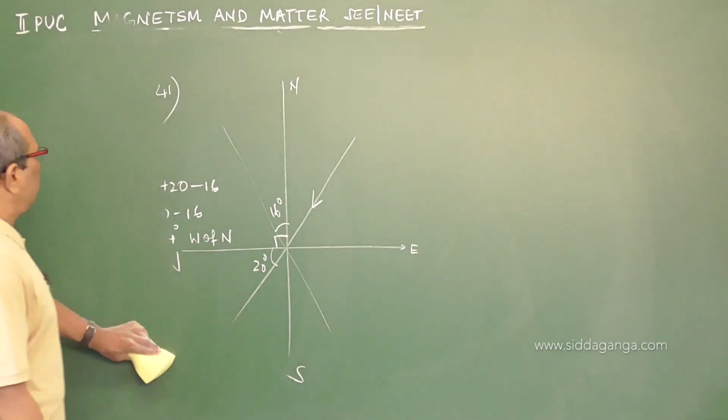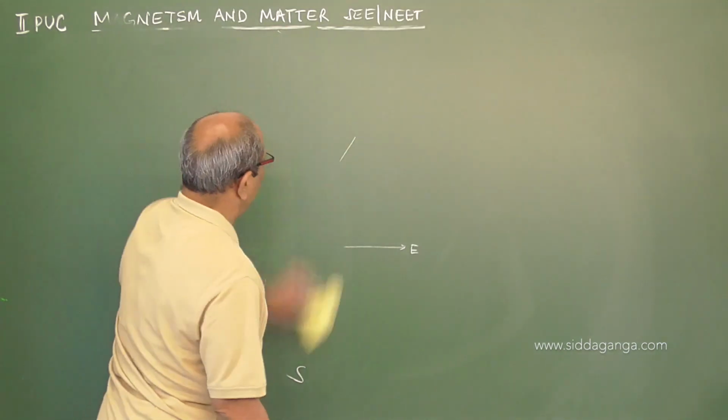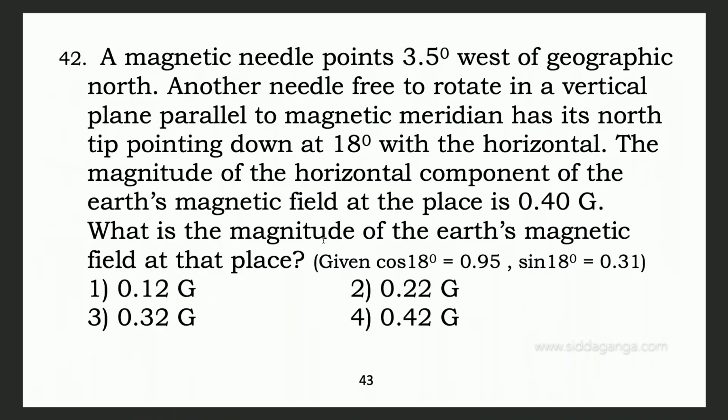Coming to the next. A magnetic needle points 3.5 degrees west of geographic north. Another needle free to rotate in a vertical plane, that is a dip circle, in the magnetic meridian has its north tip pointing down at 18 degrees. That is, dip is 18 degrees.